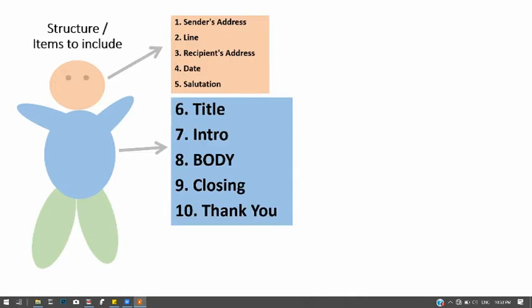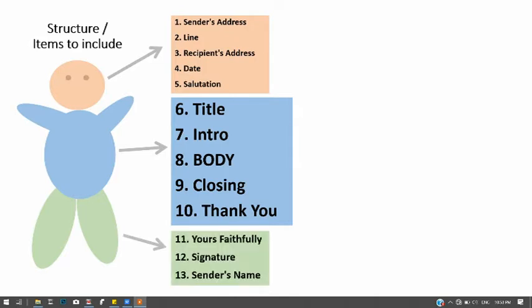It consists of title, introduction paragraph, body paragraph. That's the most important part of the body. The closing paragraph, and finally a very simple thank you. And then the bottom one, the green zone, we have 3 items only. That is yours faithfully, signature, and sender's name.